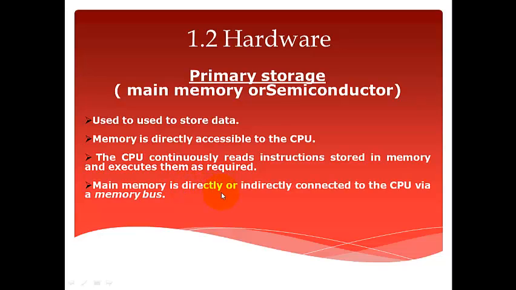The memory is directly or indirectly connected to the CPU via the memory bus. For a computer, the primary memory is very important. Why? Because the primary memory provides data to the computer or CPU. So the CPU constantly reads the instructions through primary memory.